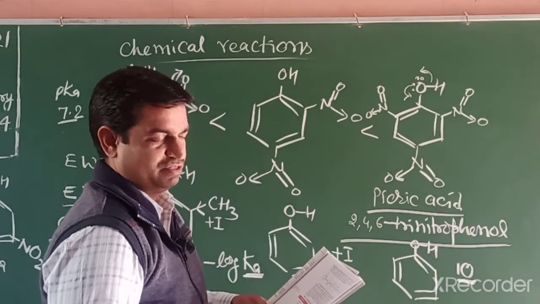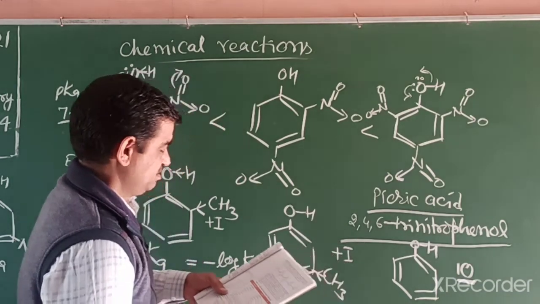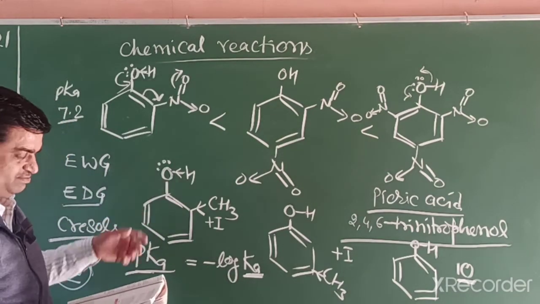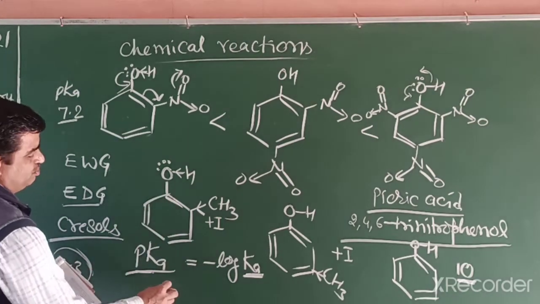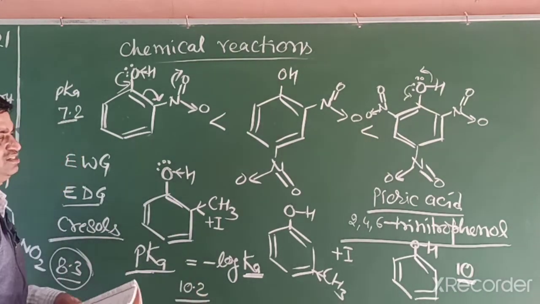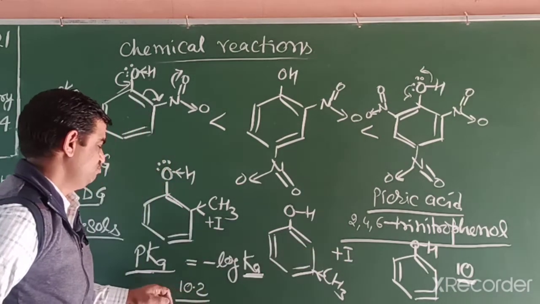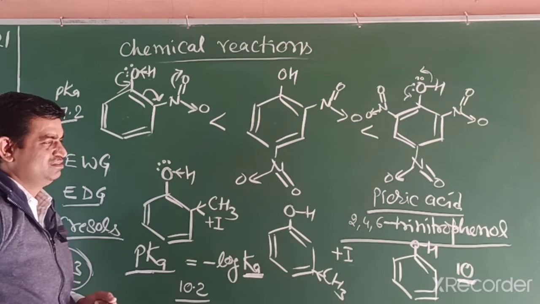The ethanol value given in your book is 15.9. Cresols also have a different value, 10.2. For orthocresol the value given is 10.2. This indicates 10.2 and 10, so cresols are weaker acids than phenol.